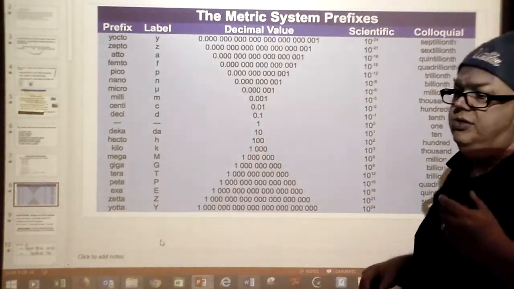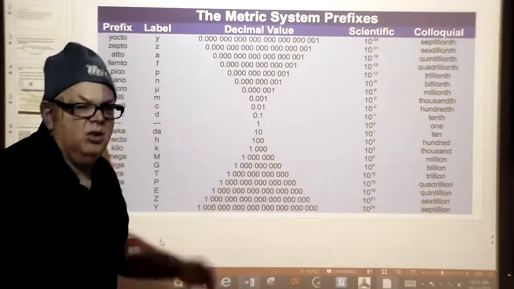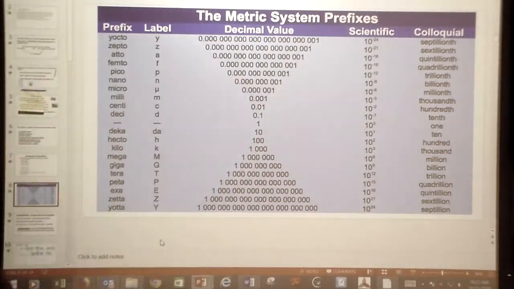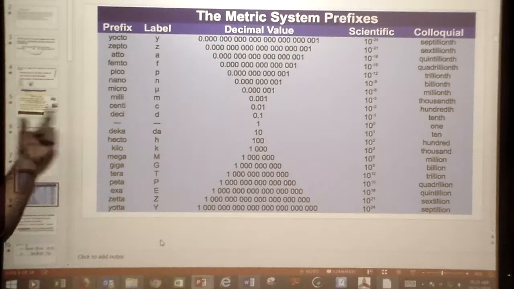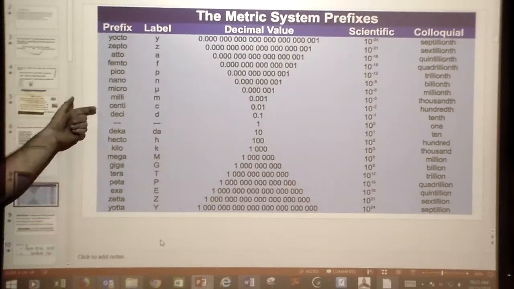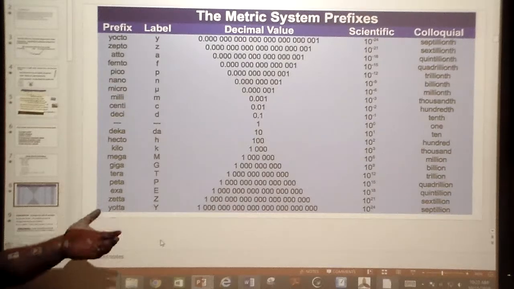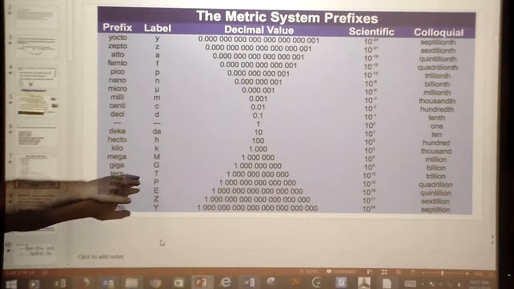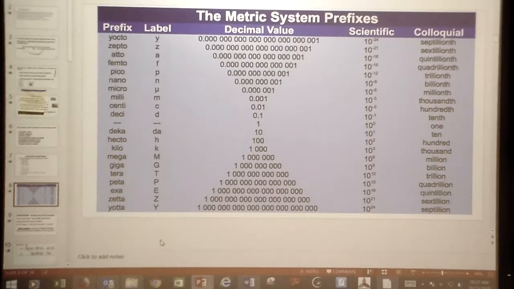When they developed the metric system, they took into account these prefixes so that people would understand it. Now, the general public doesn't use most of these. They'll use kilo, centi and milli. That's pretty much it. If you're in computers, you're going to look at tera, giga, mega and kilo more often than not. So that's kind of cool.